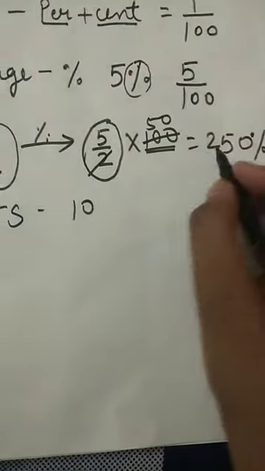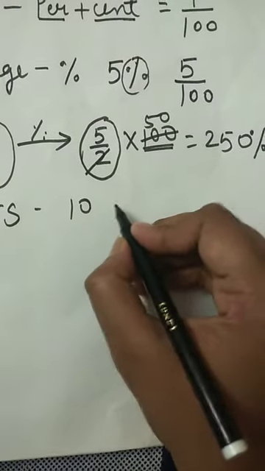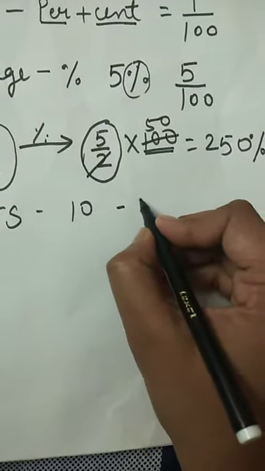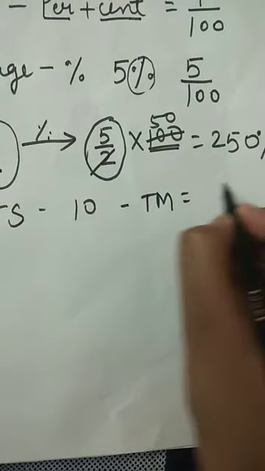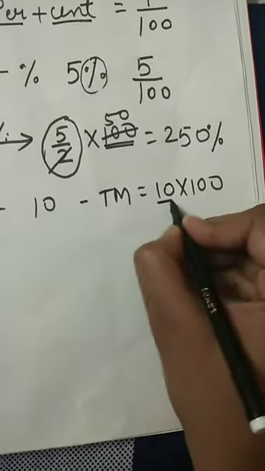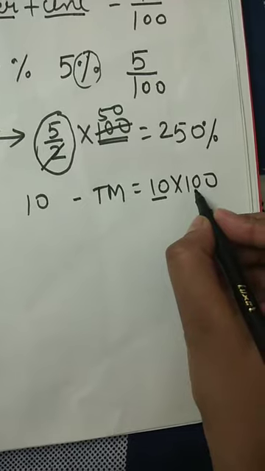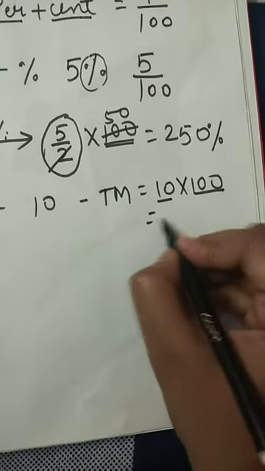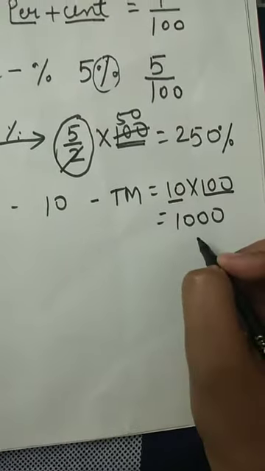So your total marks will be 10 into 100, because you have 10 subjects and one subject is of 100 marks, so it is 1000.